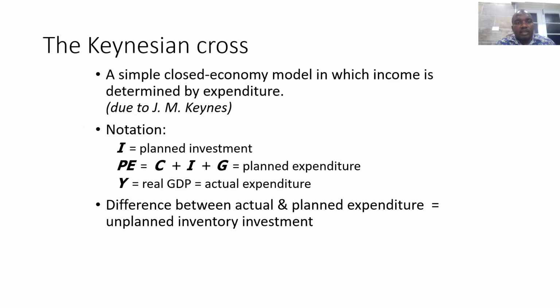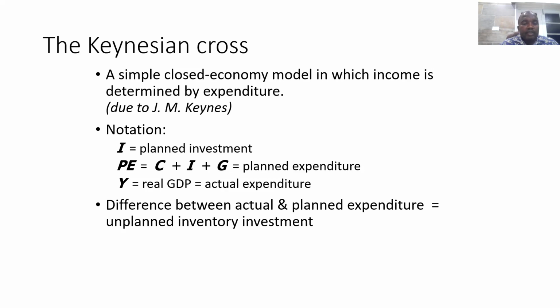So when we are looking at the Keynesian cross model, a simple closed economy model in which income is determined by expenditure, we expect planned expenditure to be a summation of household consumption expenditure, investment spending by private sector firms, and government spending.